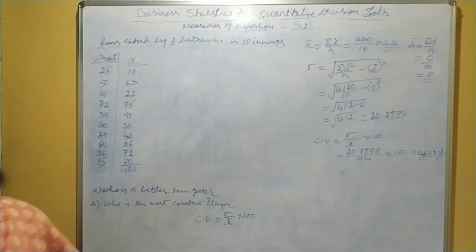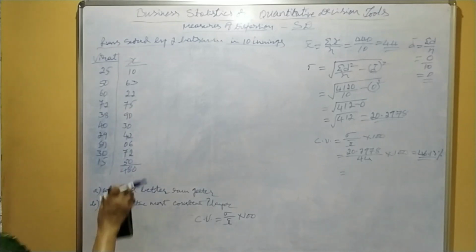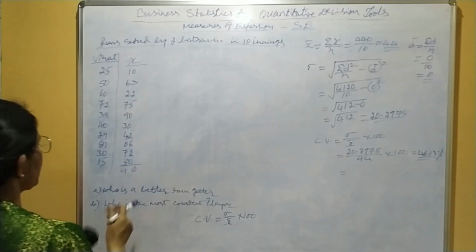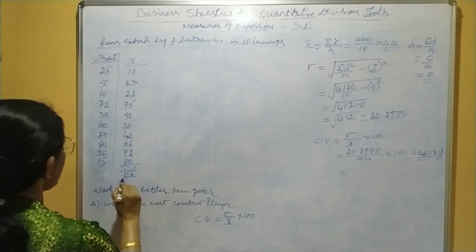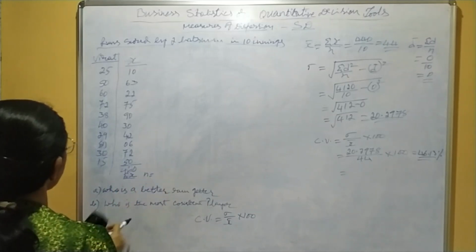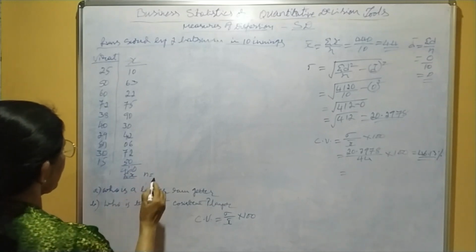It is 460, not 480. It is 460. That is sigma x, and n equals the same 10.